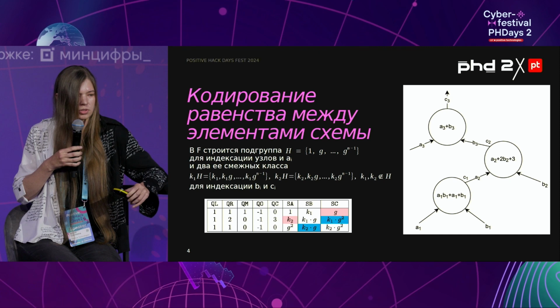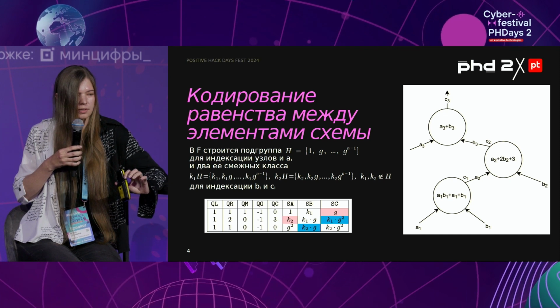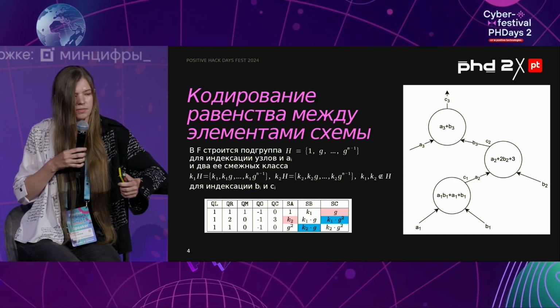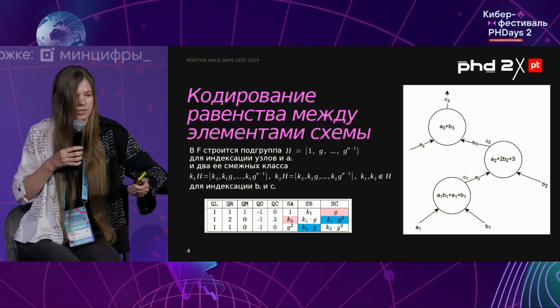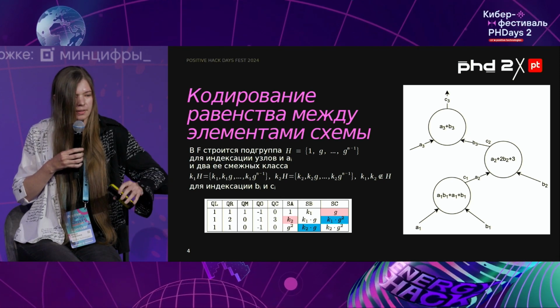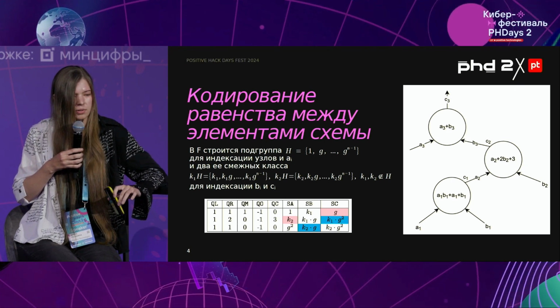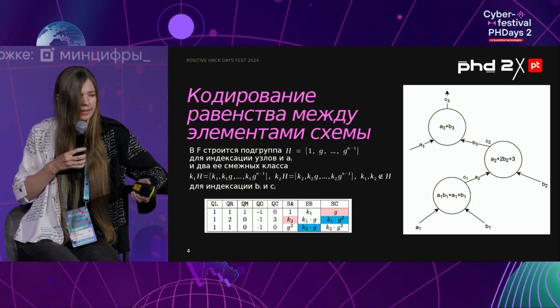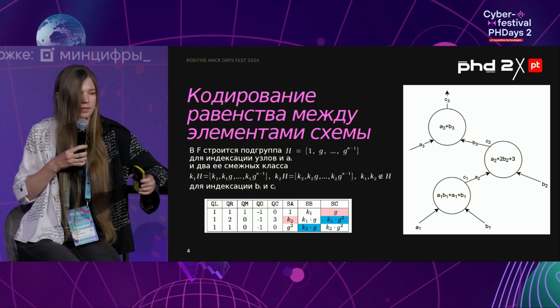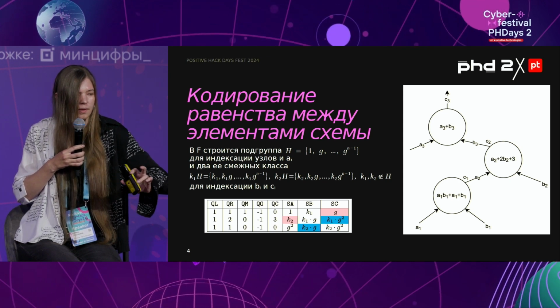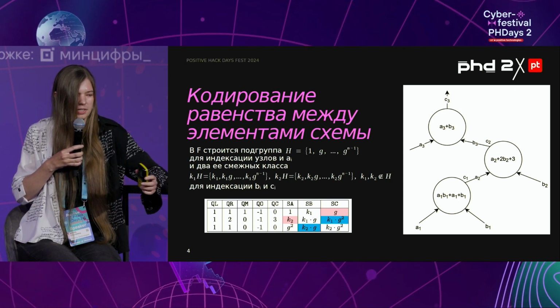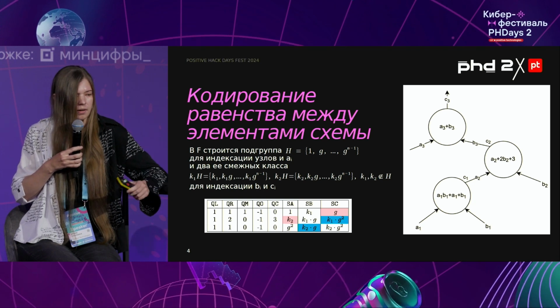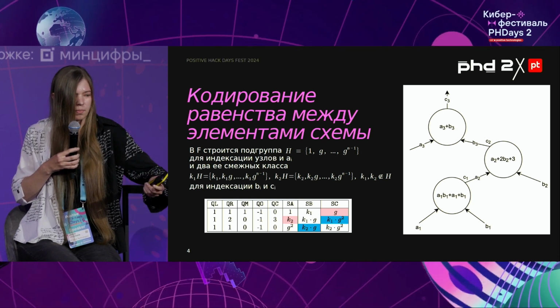Apart from the ratio inside, we need to also code the equality of different elements between the nodes. Normally, they are outputs of one node that are input for another one. For this, we have all of the operations performed in a certain field.